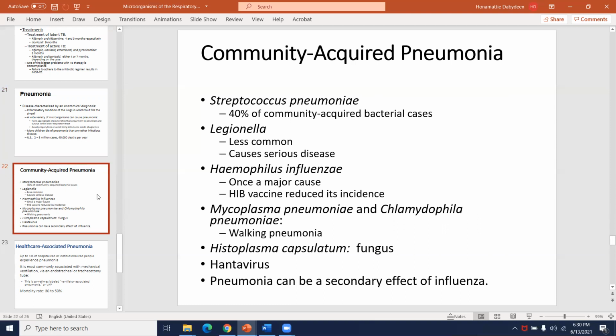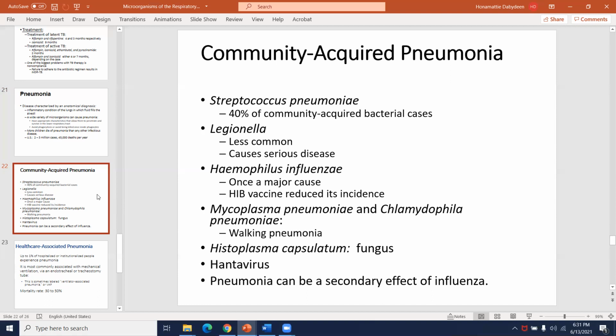The community acquired pneumonia, those are the ones you will get from the general public. In your community, somebody has pneumonia, and you end up with the organism itself. All right. So that's the pneumonia I want to focus on.